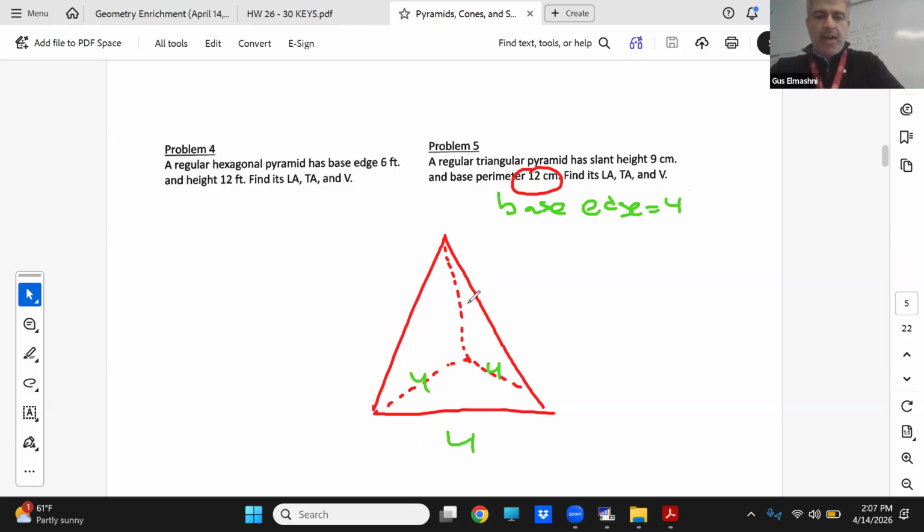The slant height's 9. So if you look at one of these triangles here, if that's 4, that's 9. Ugh, this is getting a little messy.